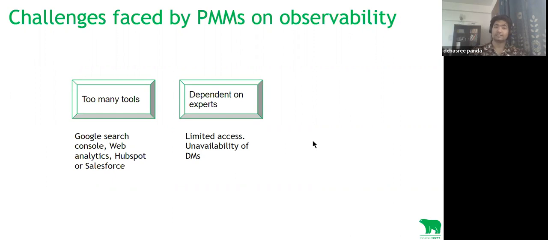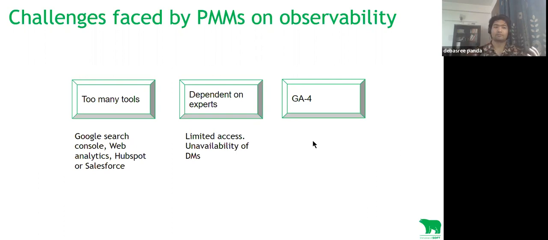The third challenge is the new version of Google Analytics, GA4. For many folks, it is quite a headache. Forget about PMMs, even digital marketing managers find it difficult. It's a new product, and obviously it will take some time to develop a habit to understand GA4 and pull out reports easily, because people have been acquainted with Google Universal Analytics for quite long.